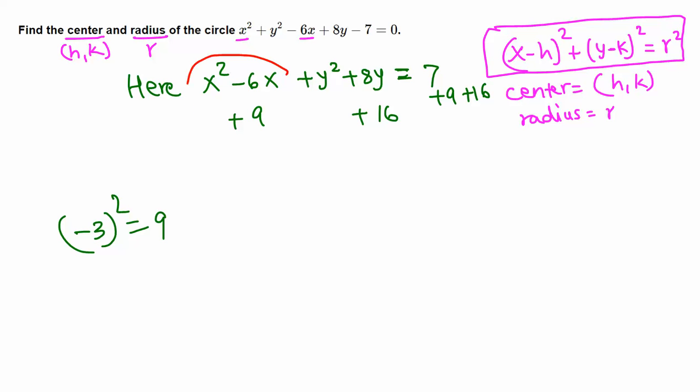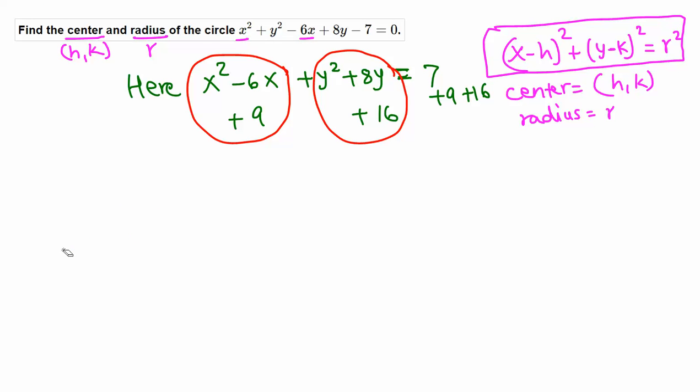Now from these three terms we have some quantity squared, so we completed the square. Same thing here, some quantity squared, and plus, it must be plus, some quantity squared. On the right-hand side we have 16 plus 9, 25, 25 plus 7, 32.